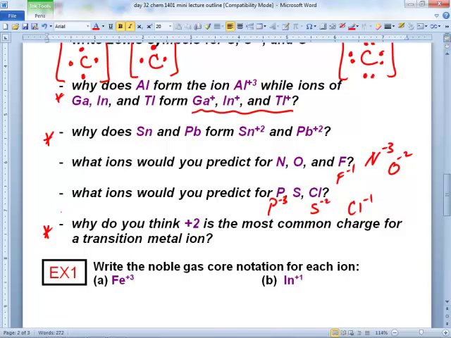Does anyone see why? All these transition metals have these in common: 4s2, 5s2, 6s2. They can lose those and leave the d stuff alone. That's why. It's just an observation that all those transition metals have 4s2, 5s2, or 6s2 that they can lose.